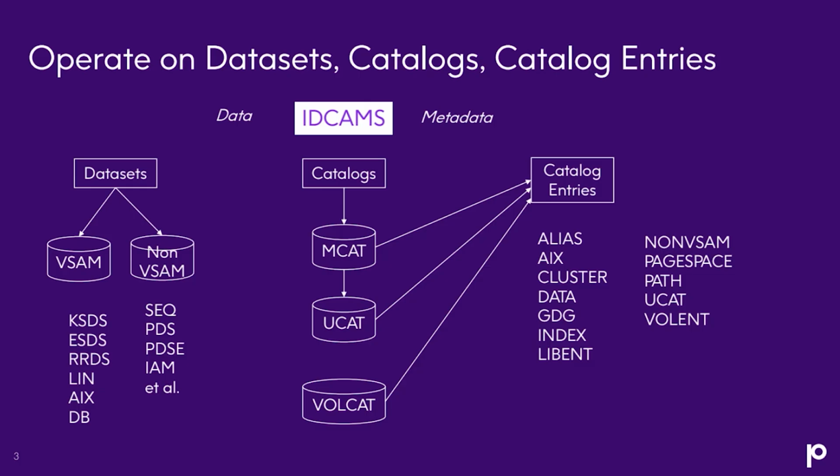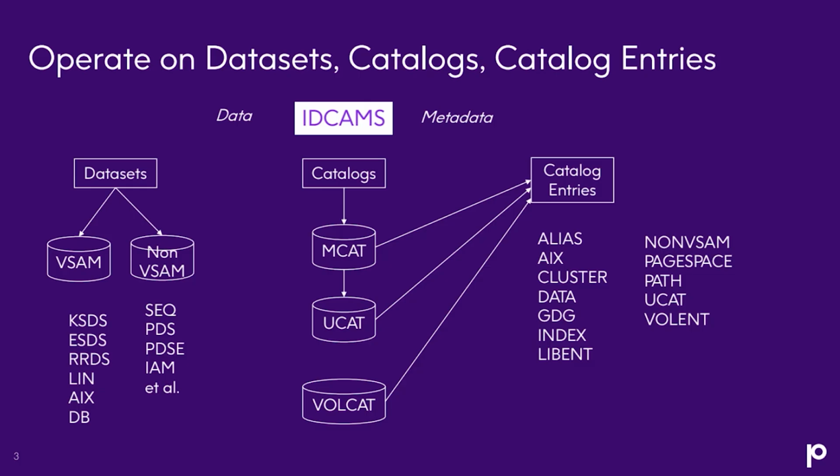Is it a key sequence data set, an entry sequence data set, a linear data set, and so on? Is it an alternate index, or the relatively new VSAM DB, VSAM database, which is designed to hold unstructured data like JSON data or object data, which really in the IBM environment becomes a VSAM data set? Or we can use it to manipulate non-VSAM data sets.